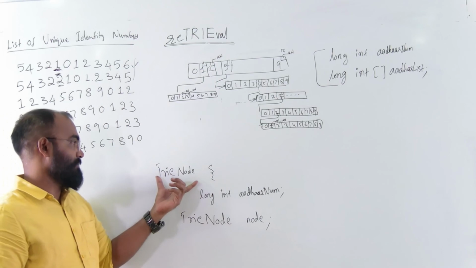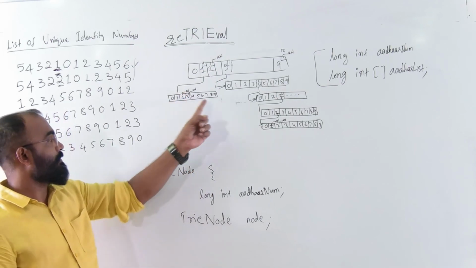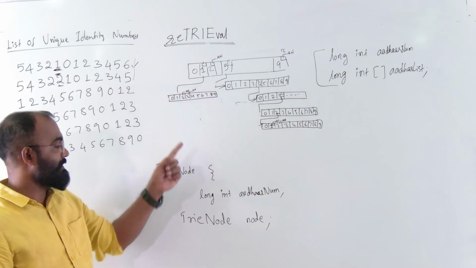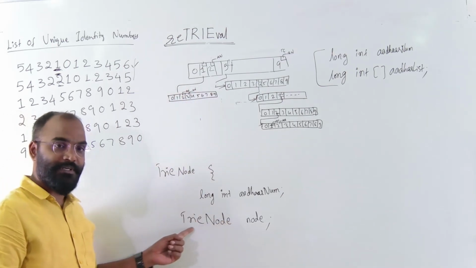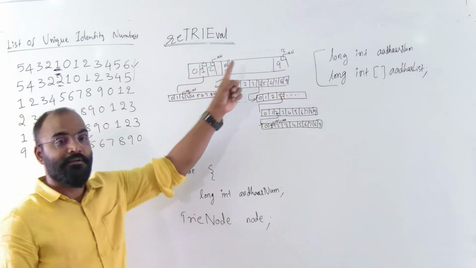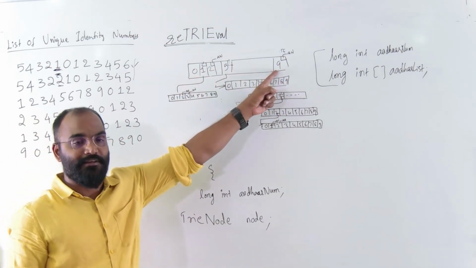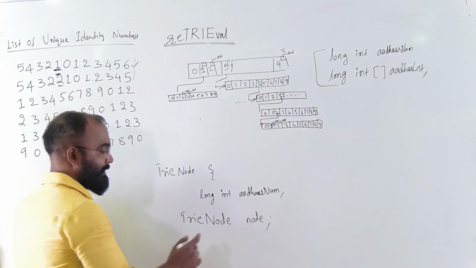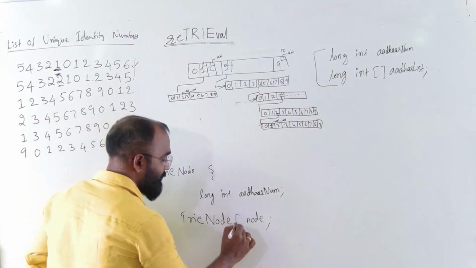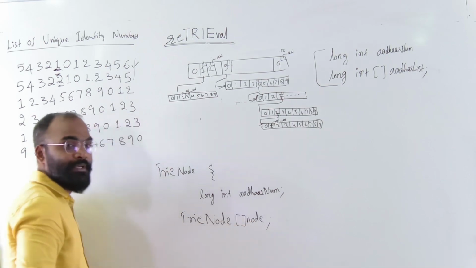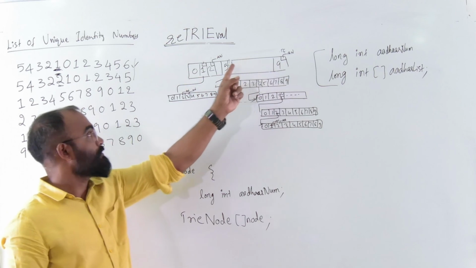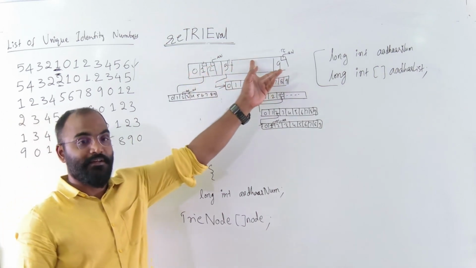Now, what else do you require? We were dealing a lot with the indexes. When you deal a lot with indexes, this has to be of length 10, 0 to 9. So what you declare inside this node is an array of nodes, each one a node, consisting of 0 to 9, 10 of them.